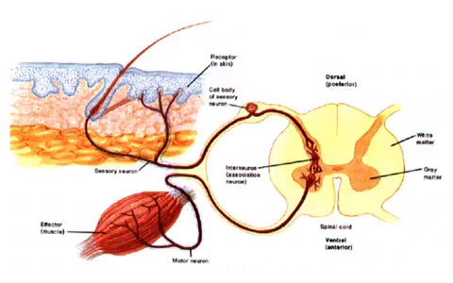And finally, let's just finish off with looking at an overall picture of how these two neurons plus another one, which I'll mention in a minute, work together. So if you look closely at this diagram, you'll notice that you have the ends of a sensory neuron acting as a receptor in the skin.